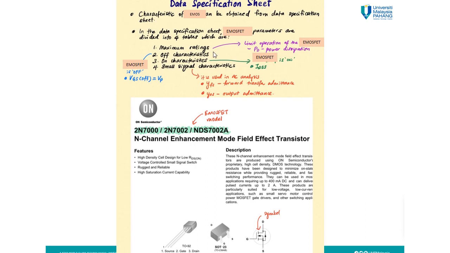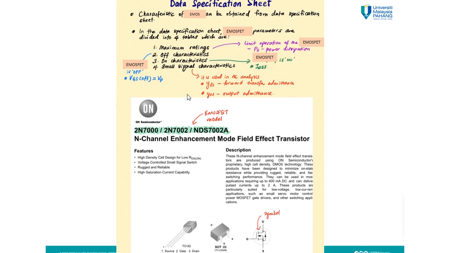In this chapter, we just focus on these 4 sections. The first one is maximum rating. Second is off characteristic. Third is on characteristic, and fourth is small signal characteristic.